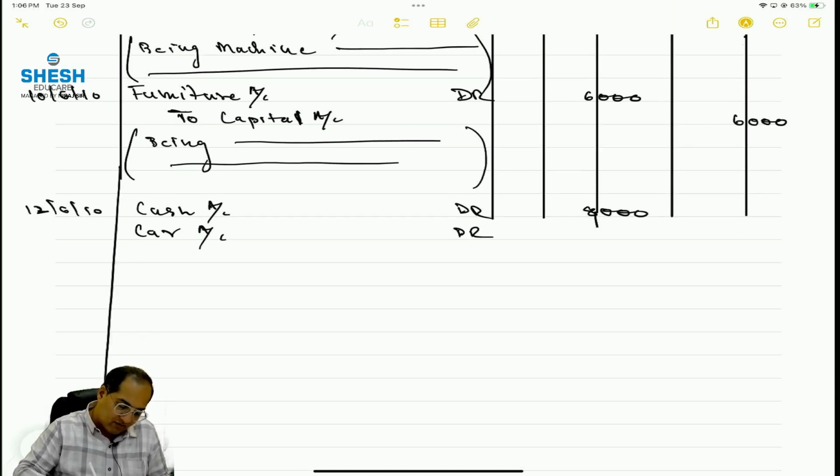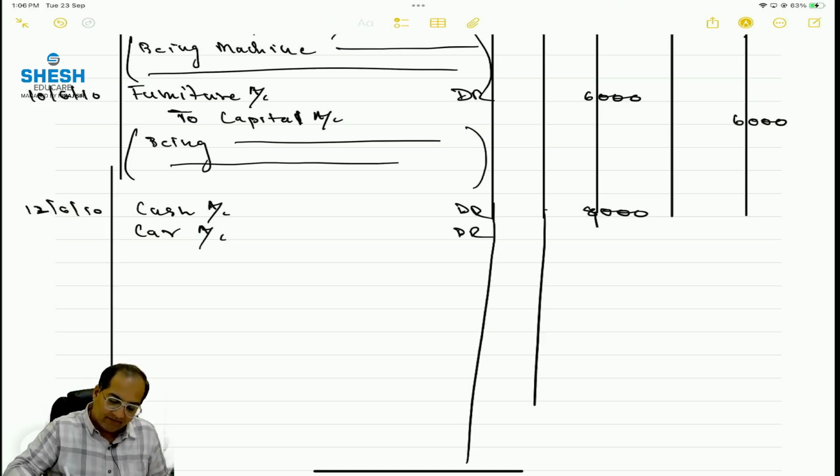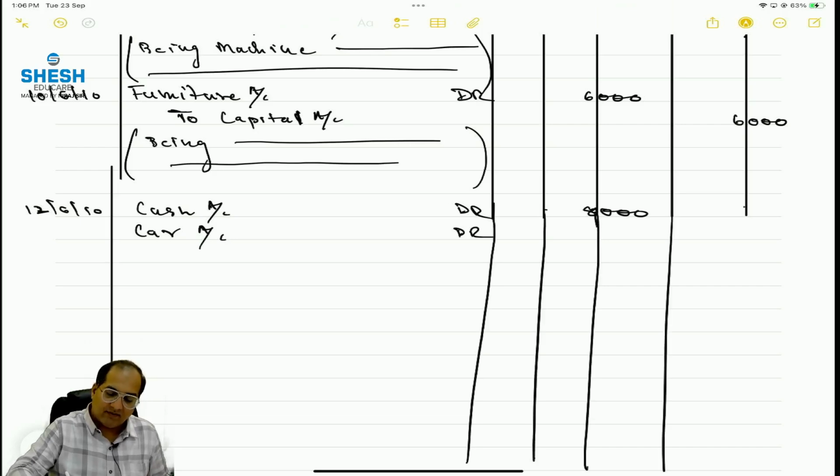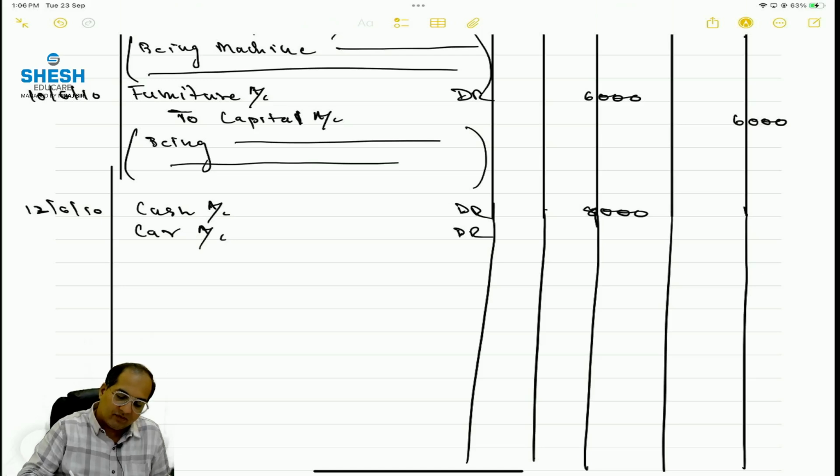Yes or no? So car is also coming in and cash is also coming in. So car worth rupees 40,000. And for both cash and car, the owner is the giver. So to owner's account.